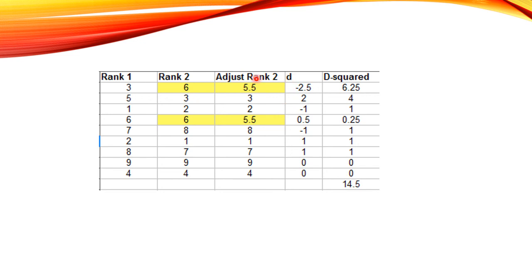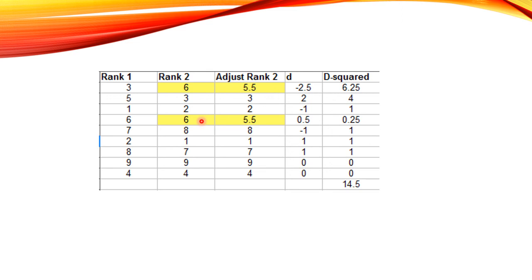Then we need to take d. d is the difference between rank 1 and rank 2. After we take the adjustments, we have to use the adjusted value here. Let me explain how this 5.5 has come. You can see 1, 2, 3, 4, 5 is not here, so 6 is here, then 7, 8, 9.